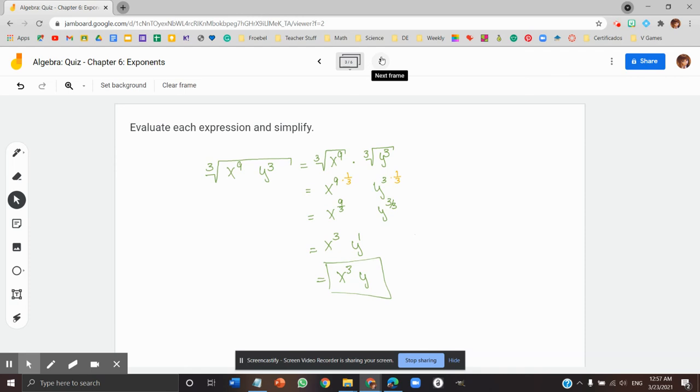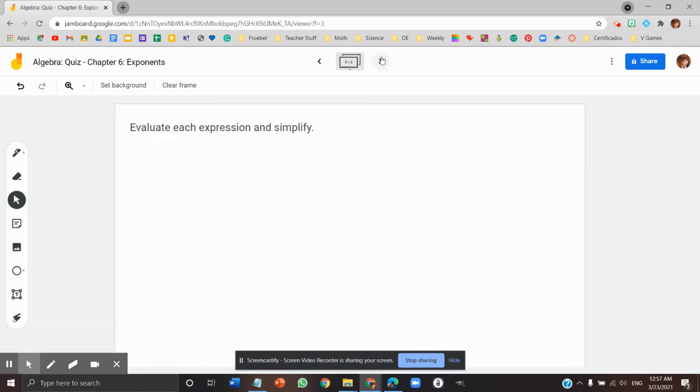What if I have something that involves rational exponents instead of radicals? For example, what if I have something like this? 216, elevated to 2/3.